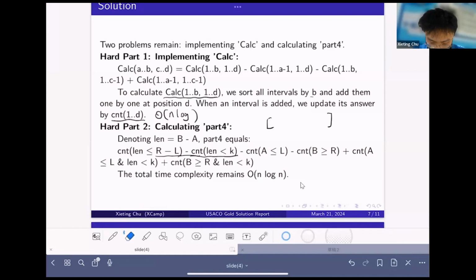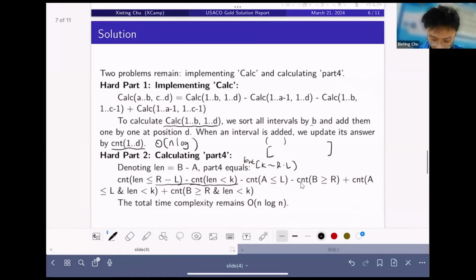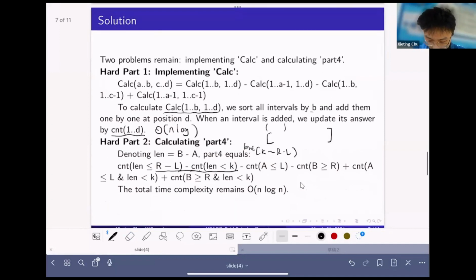Now we have all the intervals with length from K to R minus L. And then we subtract the intervals with left positions less than or equal to L, because we only want to count the intervals that are totally inside L and R. So we first subtract the left position less than L, then we subtract the positions with B greater than R. Same reason.